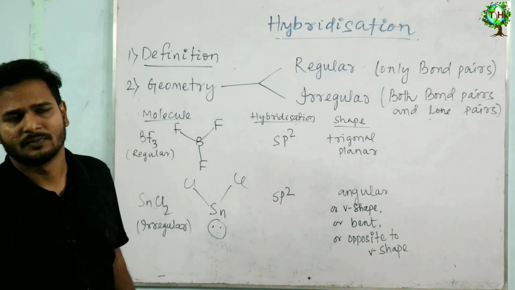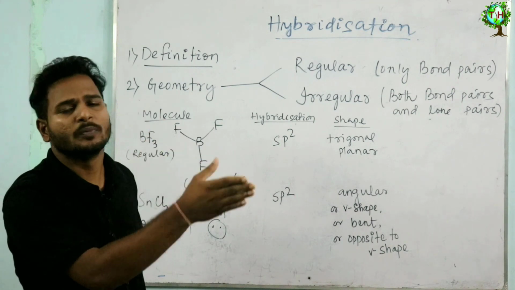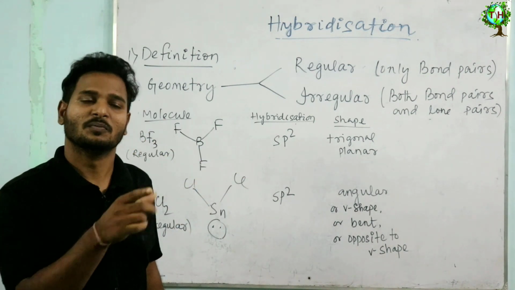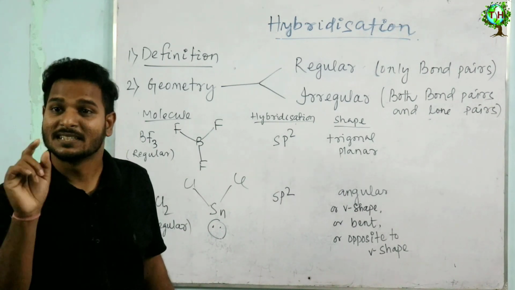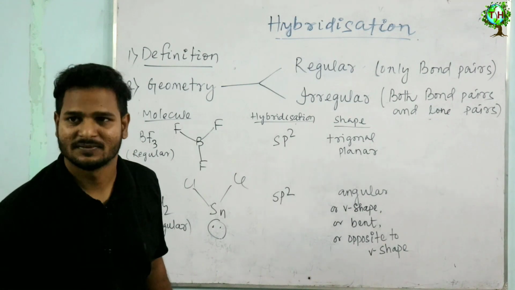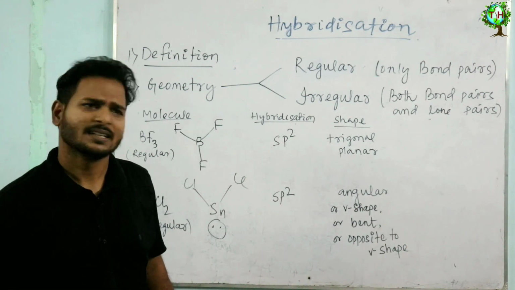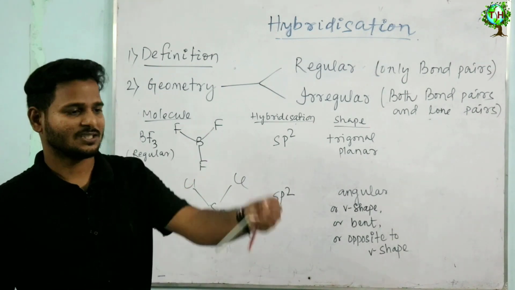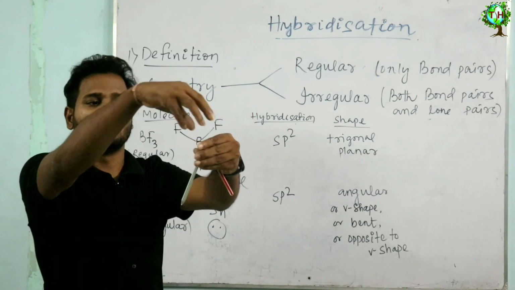Next I tell you one thing. What is the difference between a geometry and a shape? In geometry, we count both bond pairs and lone pairs. But in shape, except for lone pairs, we look at how the structure looks. The geometry is trigonal planar. But whenever it is irregular geometry, the structure looks like that when a lone pair is present.